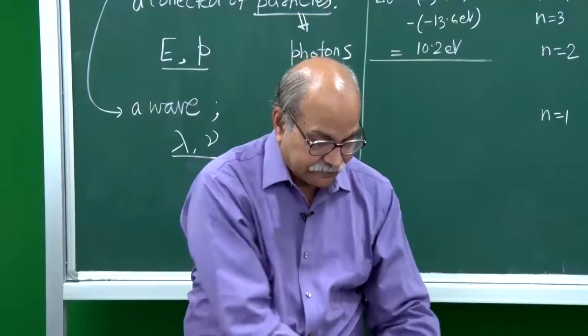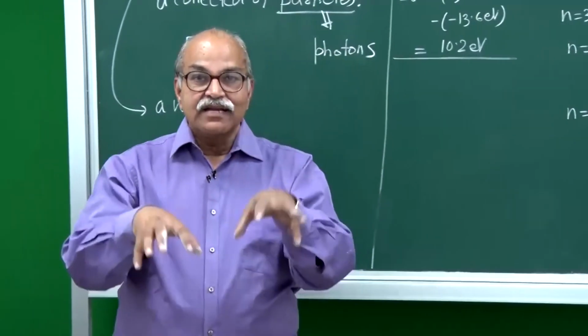Such experiments of diffraction and interference established beyond doubt in the early 19th century, 1801, 1802, that light is a wave. It behaves as a wave. Okay? So, light is a wave.